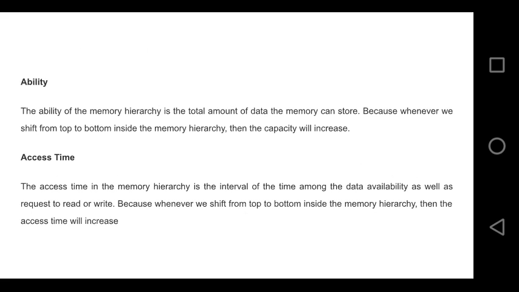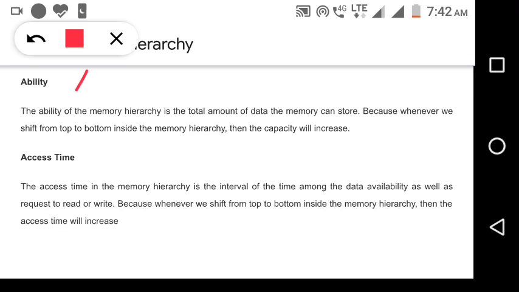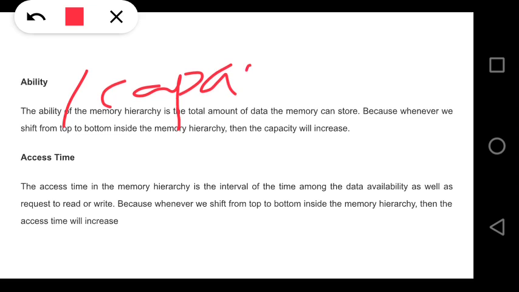Next we have the ability. The ability of the memory hierarchy is the total amount of data the memory can store, or it can also be called capacity. Whenever we shift from top to bottom in the memory hierarchy diagram, the capacity will increase.